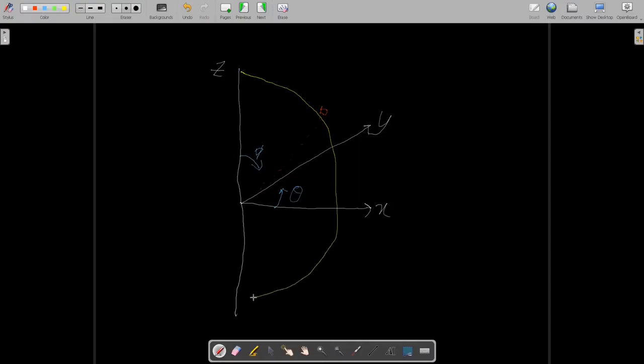This is one slice of the arc of the sphere. Now if I revolve around z, then I'm capturing the whole domain of the sphere.